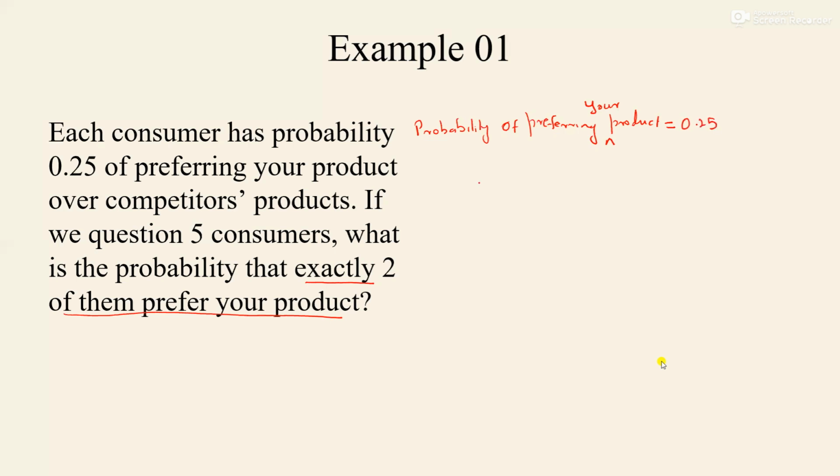The probability is 0.25. How many times are we repeating the experiment? How many consumers are we testing or asking? 5 consumers. So n is equal to 5. Now we have to define our random variable.